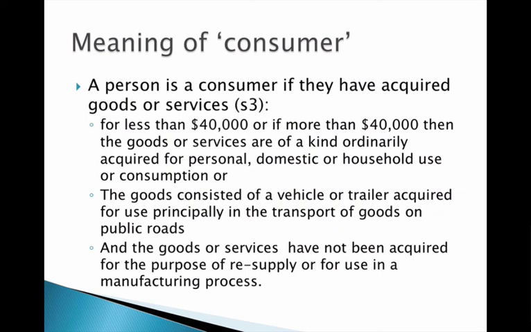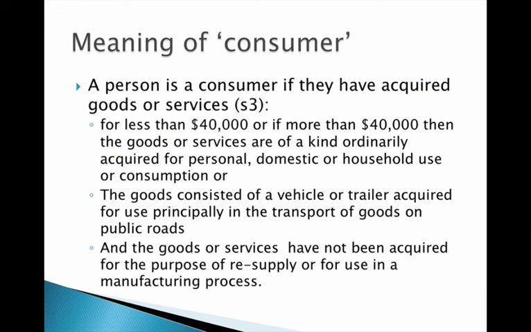So hopefully you can see the steps here in a consumer. You've got to work out, is it under $40,000? Yes, prima facie consumer. No? Okay. Were the goods ordinarily acquired for personal, domestic, or household use or of a kind ordinarily acquired for personal, domestic, or household use or consumption? If yes, prima facie consumer transaction.